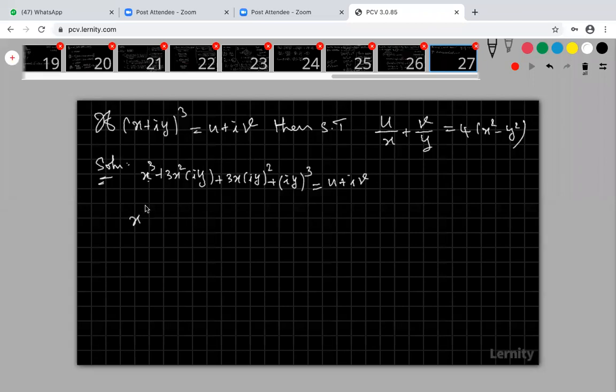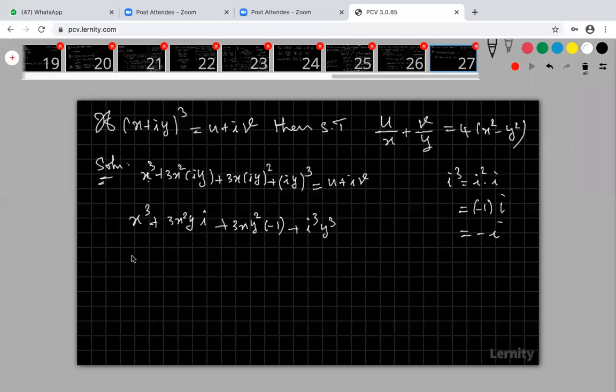So this is x cube, this is 3x square yi, this is 3x y square i square. What is my i square? My i square is minus 1, this is y square. Here my i cube y cube. My i cube is nothing but i square into i, my i square is minus 1 into i, so this is minus i.